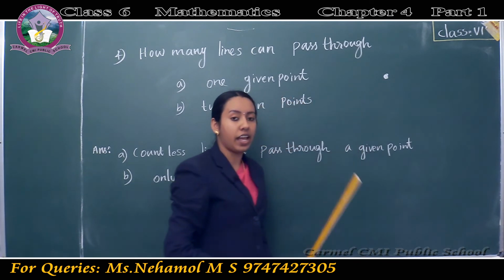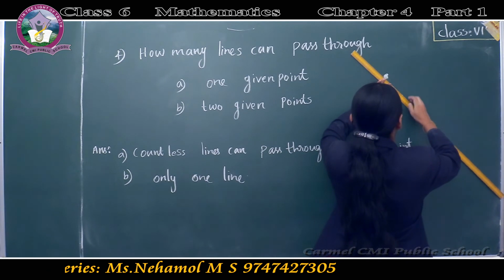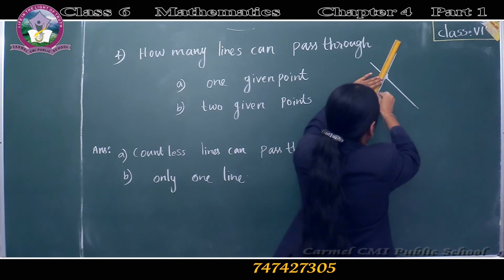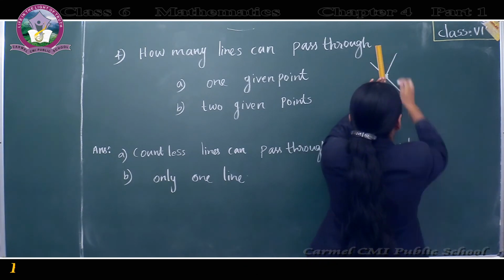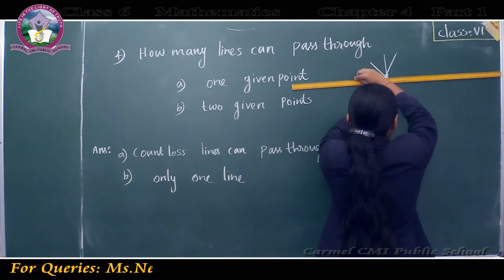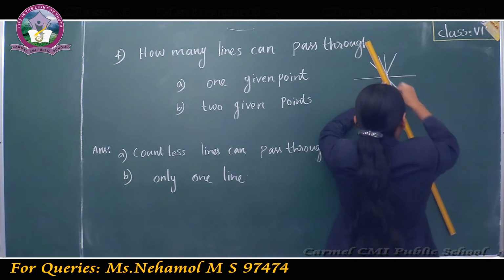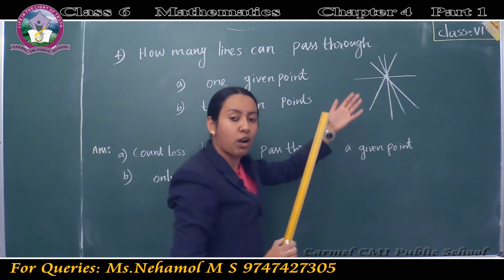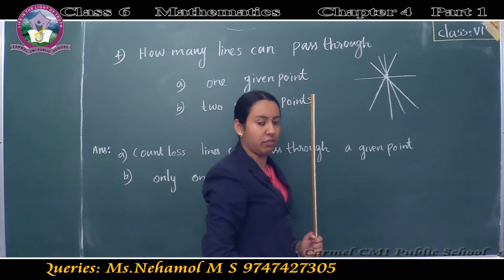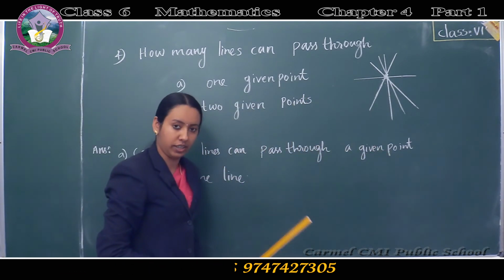How many lines can pass through it? 1, then 2, 3, 4, 5. This way, countless lines can pass through a given point.